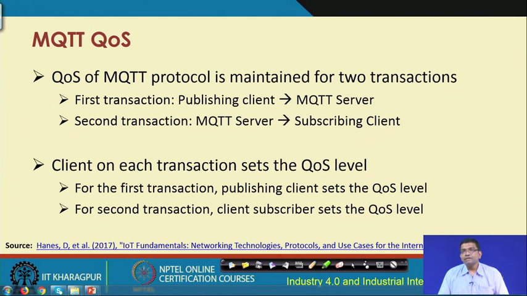The client on each transaction sets the desired level of QoS. In the first one, the publisher sets the QoS level, and in the second one, the subscriber sets the QoS level.